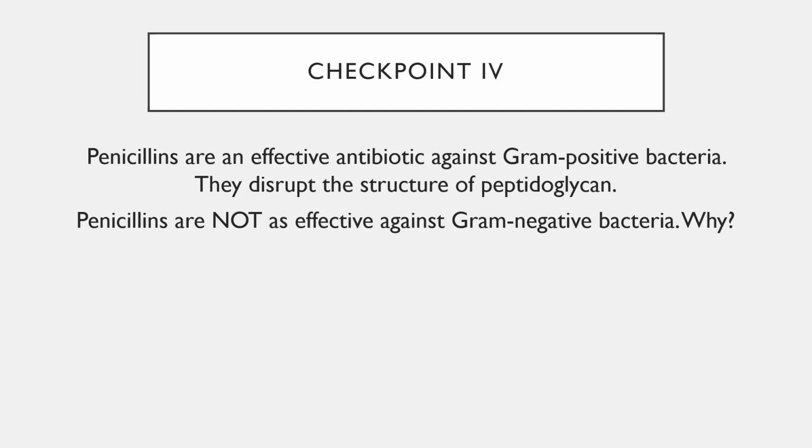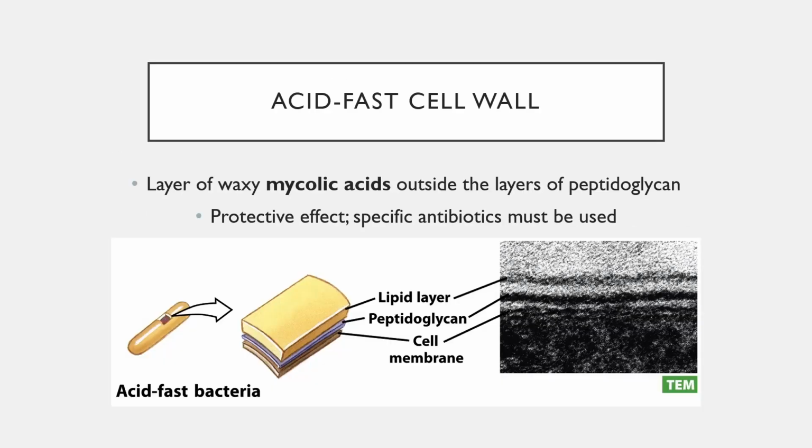We also need to take a moment to mention the acid-fast cell wall, because we did discuss it back in chapter 2 when we were talking about the acid-fast differential stain for identifying mycobacteria.